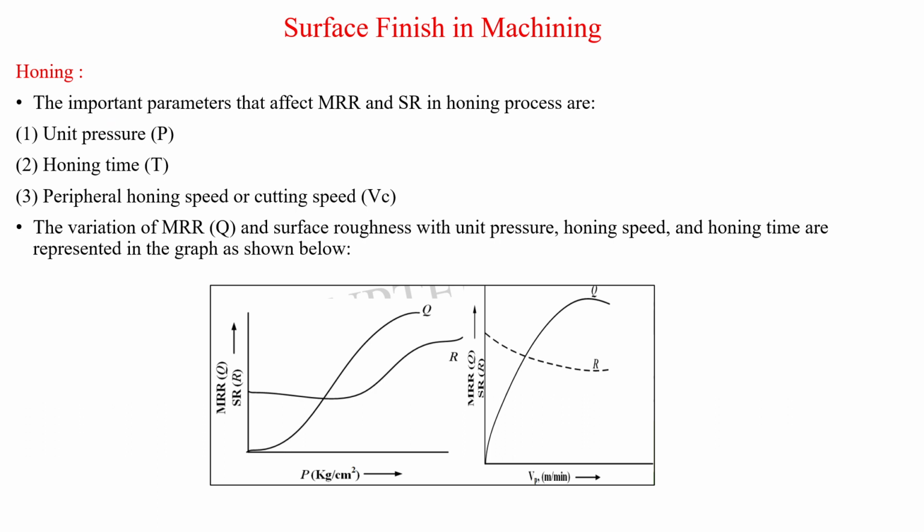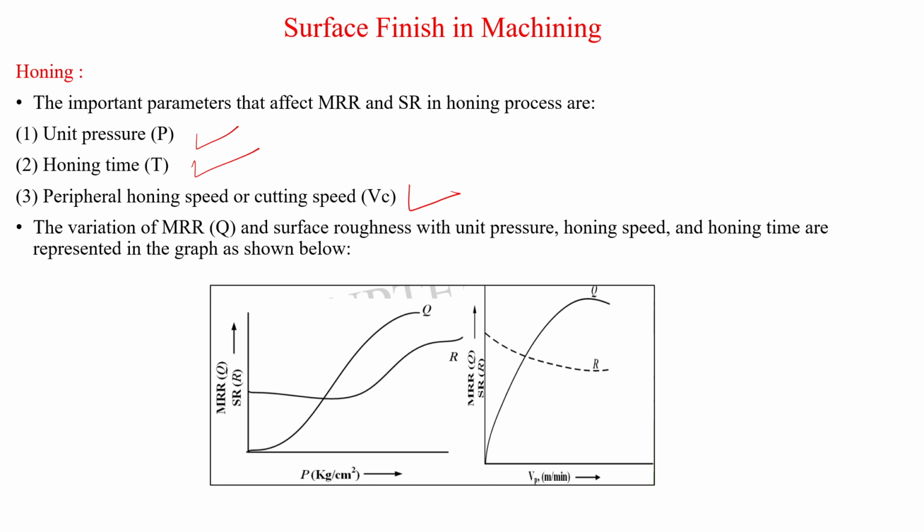The important parameters used in honing that affect MRR and SR, the material removal rate and surface finish, are unit pressure, the honing time, and the honing speed. These three are the most important parameters for the honing operation.